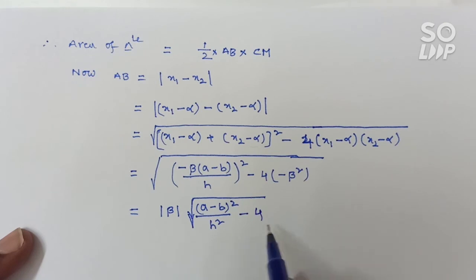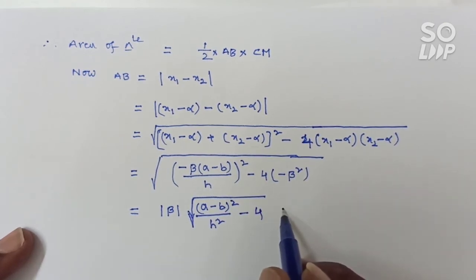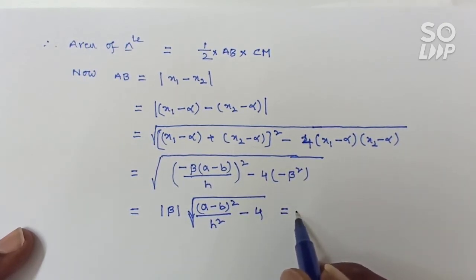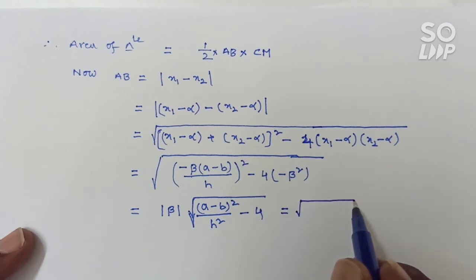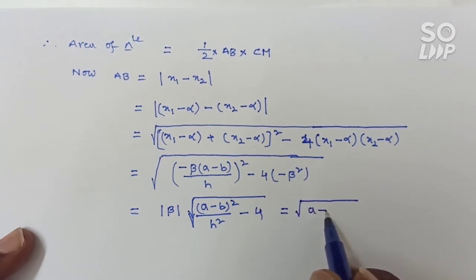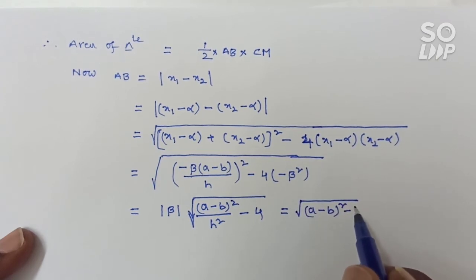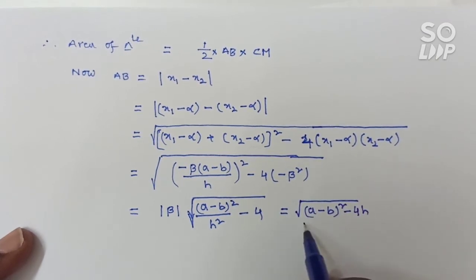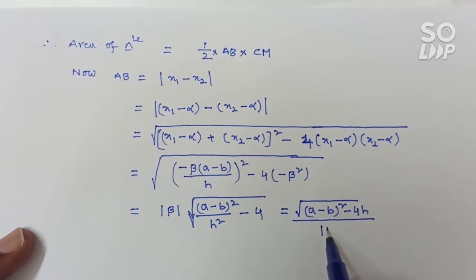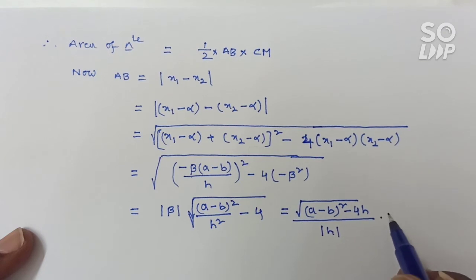Now again here you take the LCM, this value will be equal to square root of (a minus b) whole square minus 4h, whole divided by modulus of h into modulus of beta.